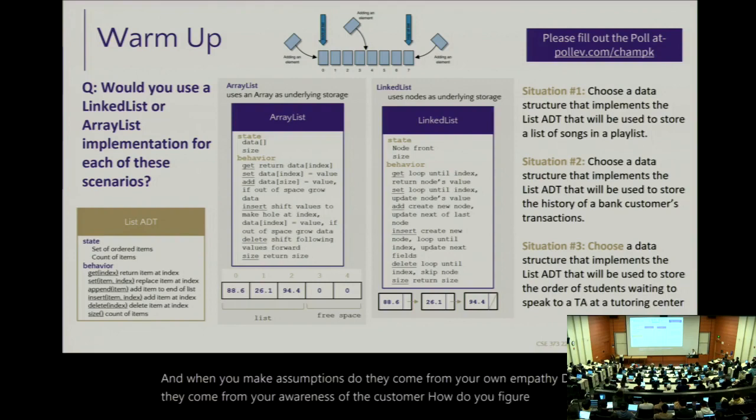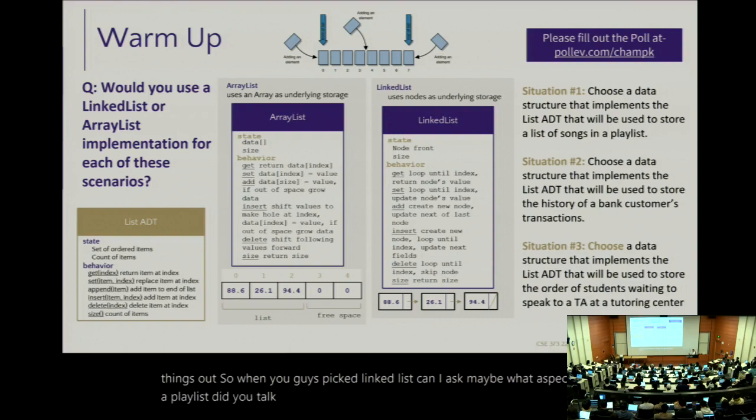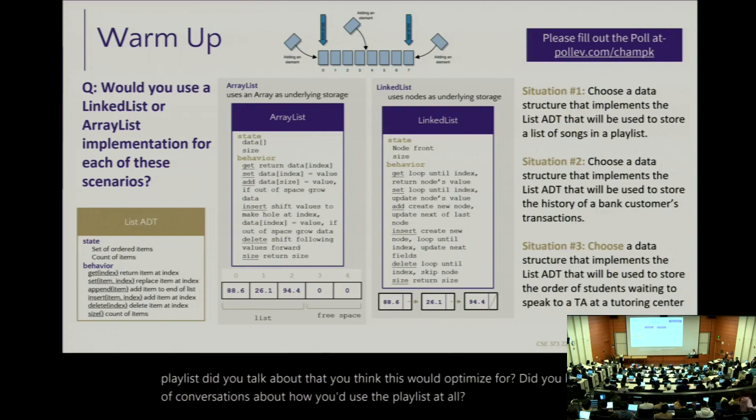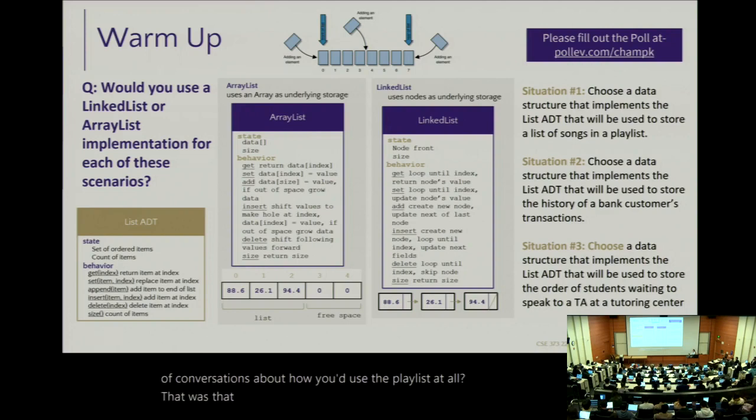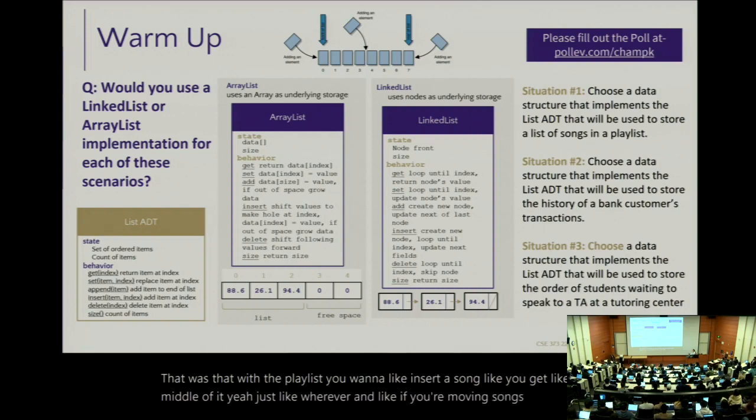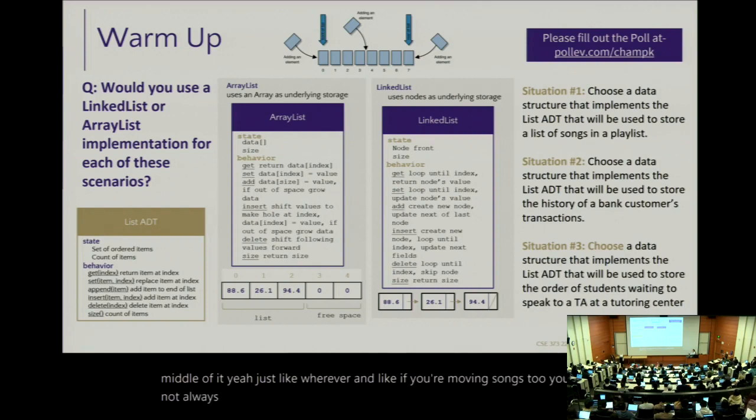So when you guys picked linked lists, can I ask maybe what aspects of a playlist did you talk about that you think this would optimize for? Did you kind of have conversations about how you'd use the playlist at all? You're not always going to be removing like the first or last song.